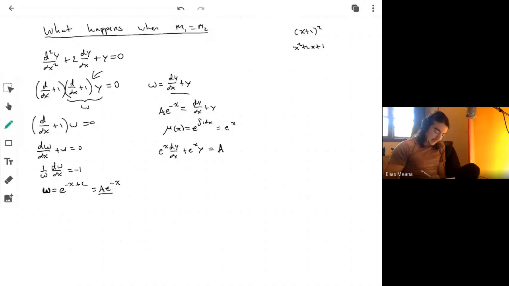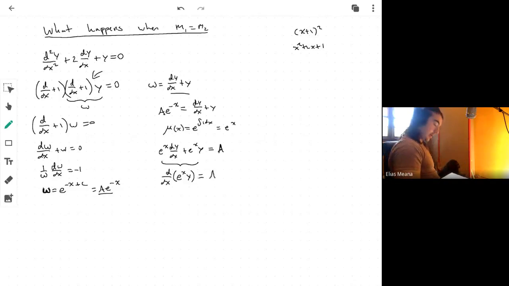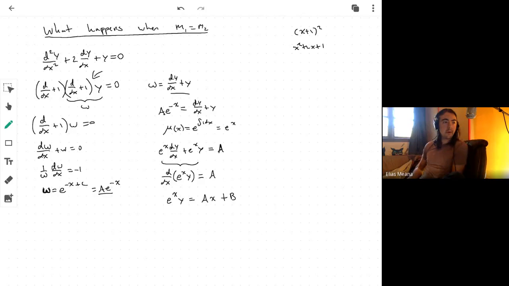So the left-hand side is still product rule. This is still going to be d by dx of e to the x times y. And the right-hand side is just a. But now when we integrate, interestingly enough, we get e to the x y equals ax plus b, right? So we have a linear equation now on the right-hand side.